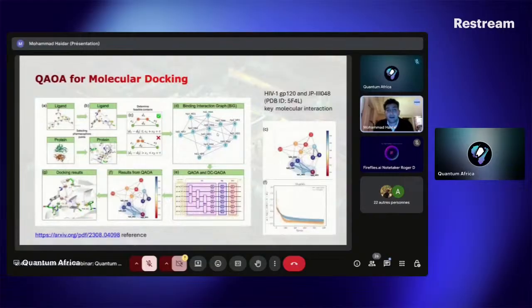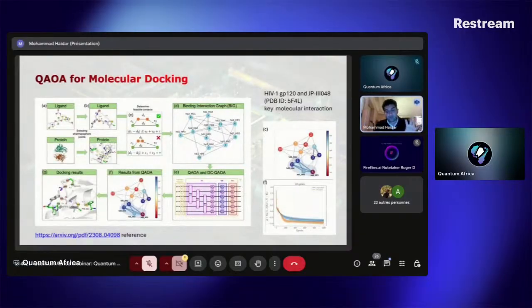As you see here, my problem is now represented by a binding interaction graph, and I have 11 qubits. I now need to see which ligand-protein interactions are most important for giving me the solution, that can help detect the identification of the HIV and the molecular interaction that can help me.